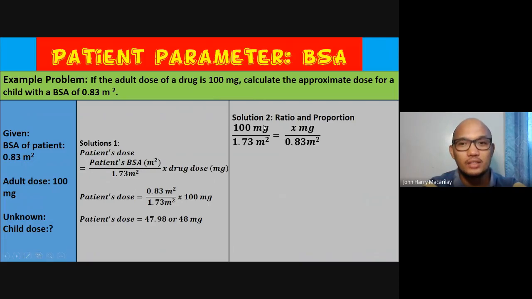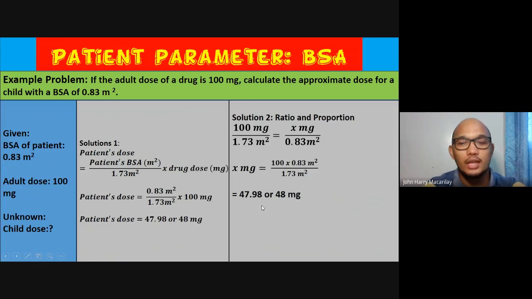Cross multiply: 0.83 meters squared times 100 milligrams equals x milligrams, the missing value, multiplied by the usual body surface area of 1.73 meters squared. Then your solution will become x milligrams equals 100 milligrams times 0.83 meters squared over 1.73 meters squared. Cancel the unit of meters squared, and what's left is just milligrams. So the answer is still the same.